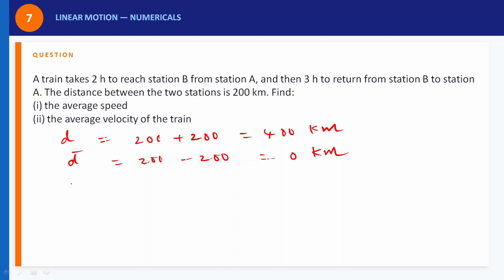Total time t equal to 2 hours plus 3 hours. Total time is 5 hours.